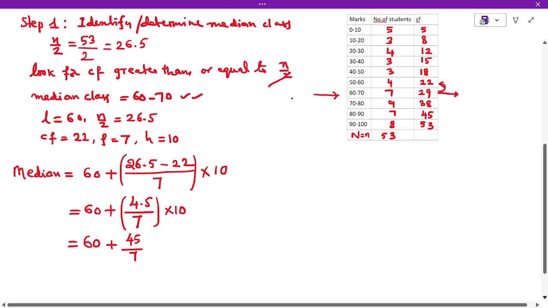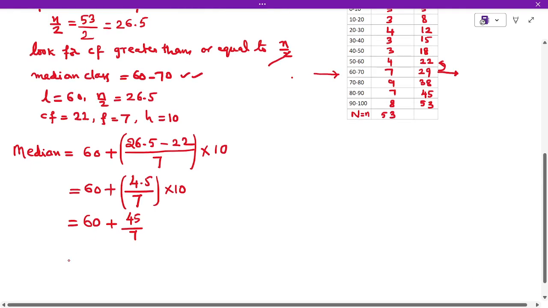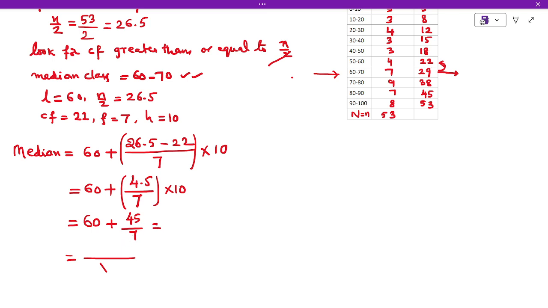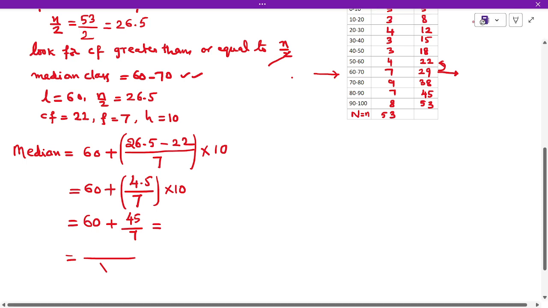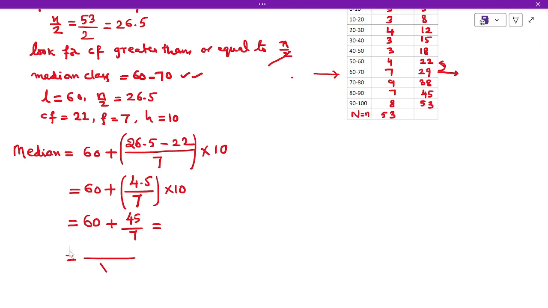If you simplify this by taking the LCM of 7, or else you can simplify directly here. I'm going to simplify here only, because it is a very simple calculation.